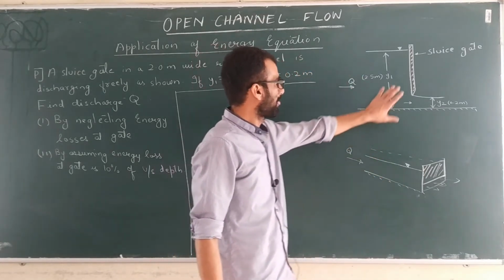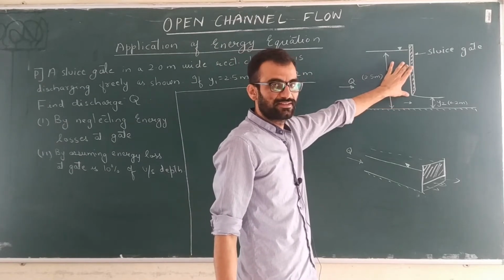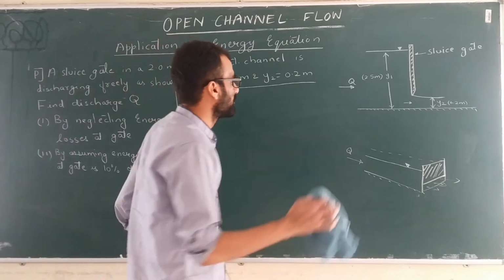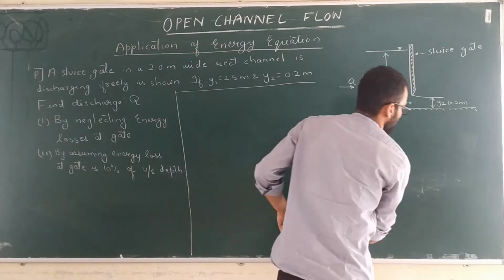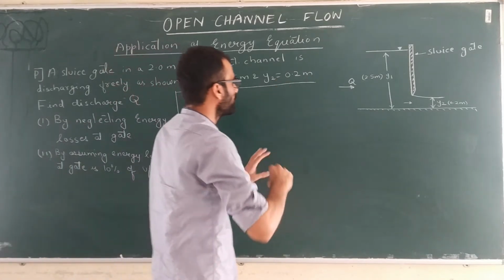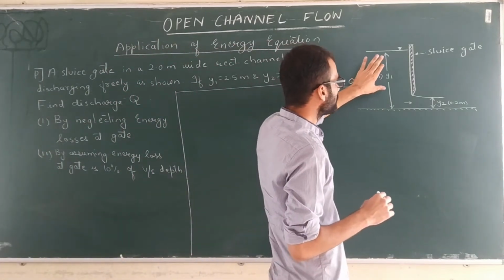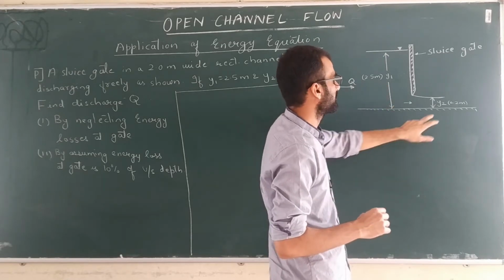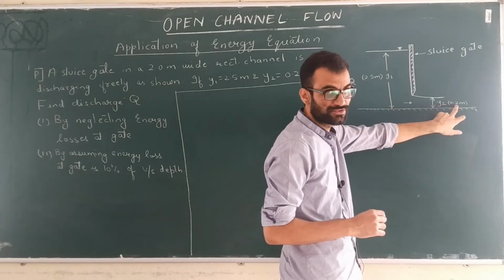Now when we have a sluice gate, we can easily apply the energy equation, whether or not we know the losses at the gate. Our job is to find the discharge. We know the depth upstream of the gate is 2.5 meters, and the depth downstream of the gate is 0.2 meters.